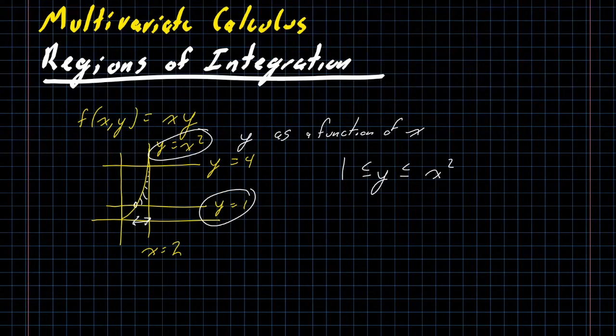And it's not given to us, but we know that the intersection between y equals x squared and y equals 1 happens when x is equal to 1. So we get that x is somewhere between 1 and 2.